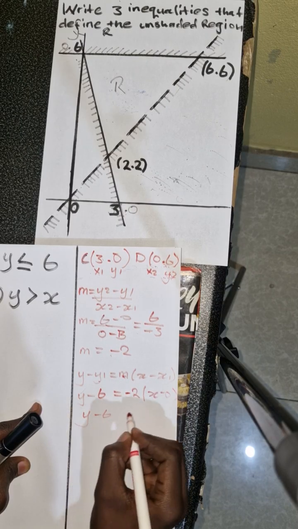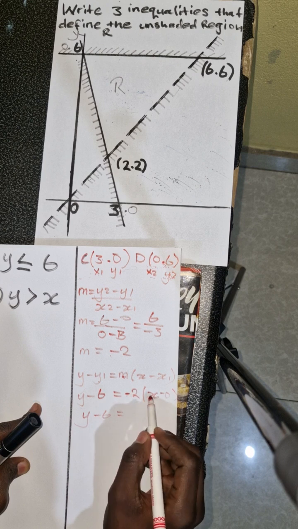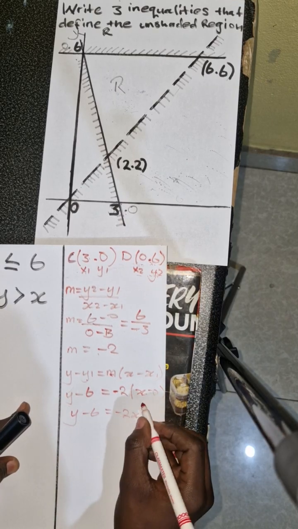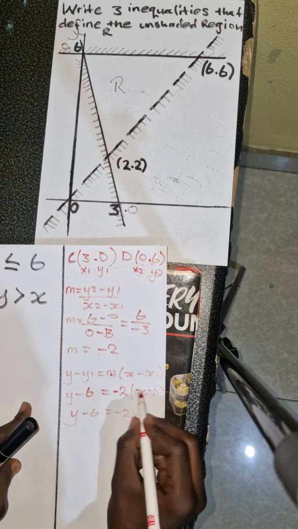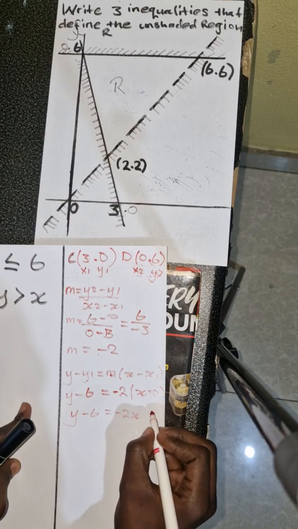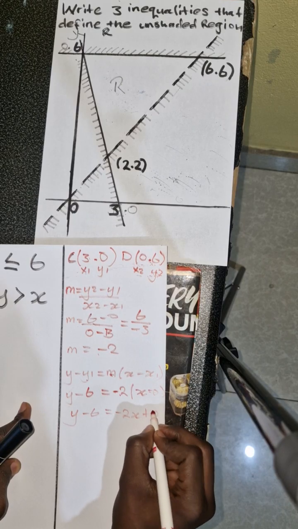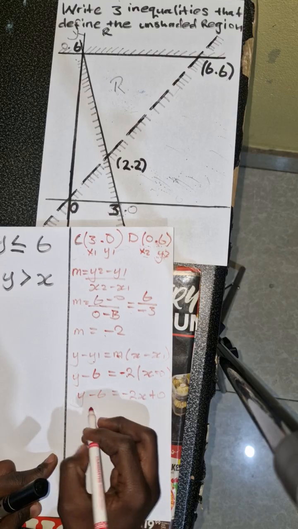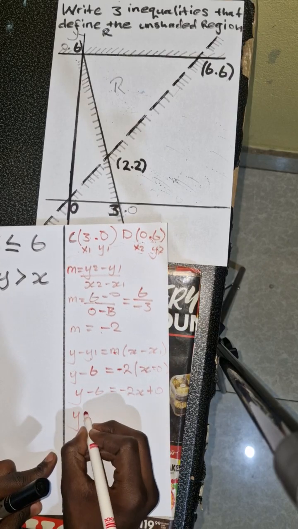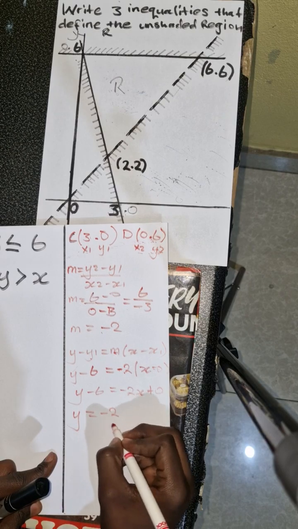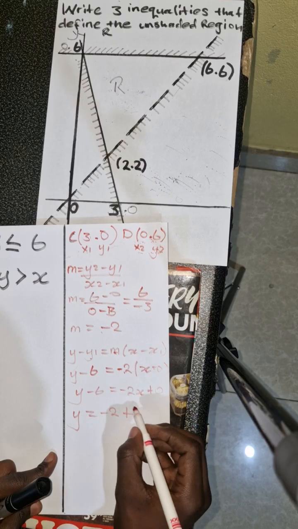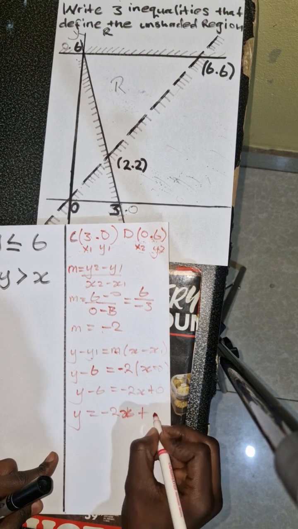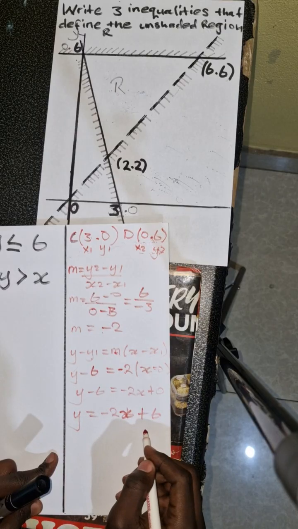So y is 6, is equal to -2 times x, it would be -x, -2 times -0, which is 0. We know it's 0 already. So how am I going to do this now? This 6 will cross to the other side. So I'm going to have -2x plus 6. So this is my equation now.